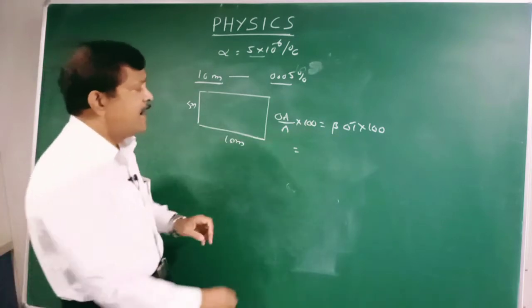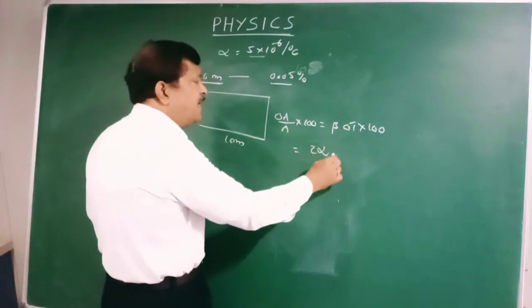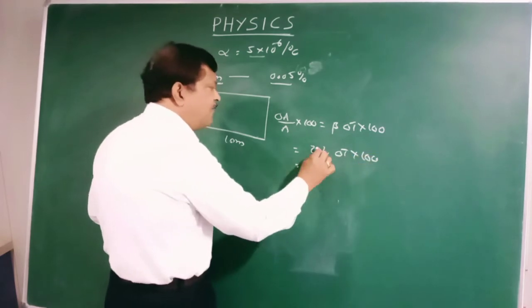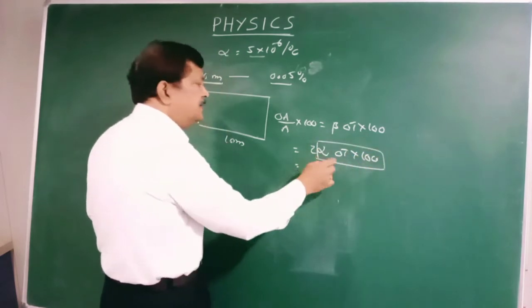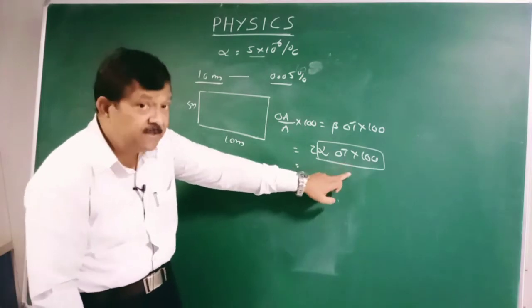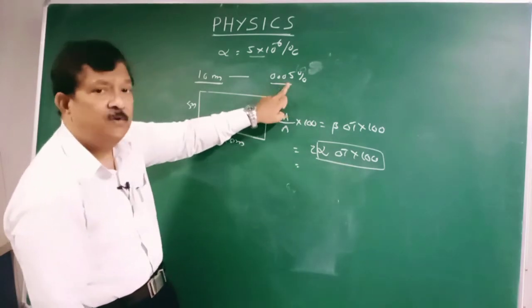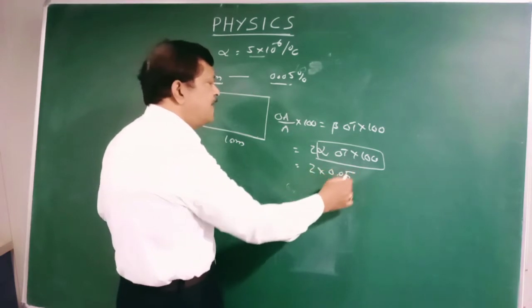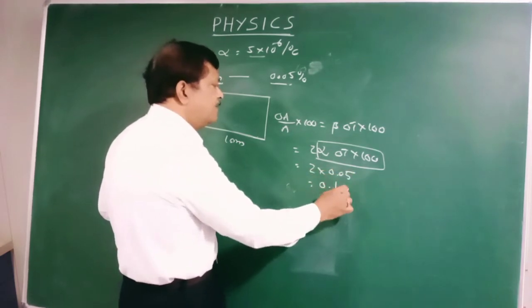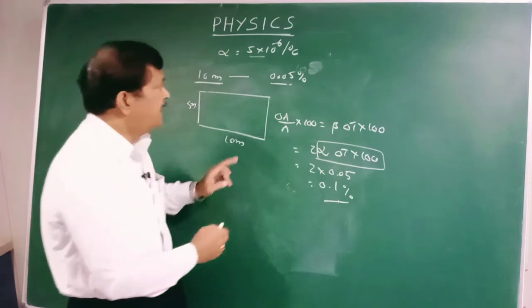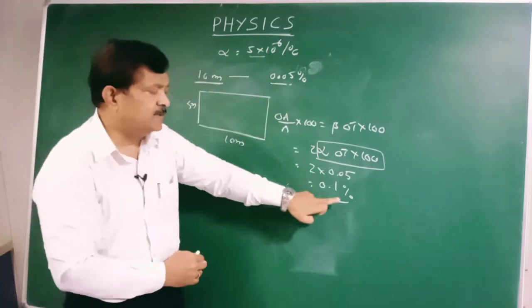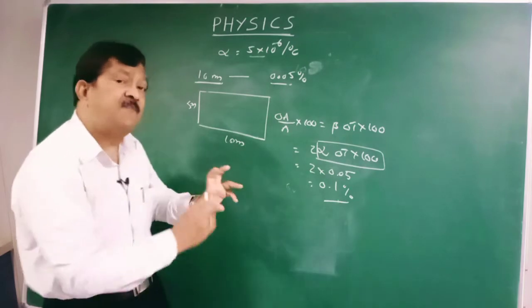So this beta I can write as 2 alpha, so 2 alpha delta T into 100. But alpha delta T into 100 is nothing but the percentage change in the length that is already given to you. Just multiply with that. 2 into 0.05, that is 0.1%. So if the percentage change in the length is given, just multiply with 2, and you will get the percentage change in area of any plate.